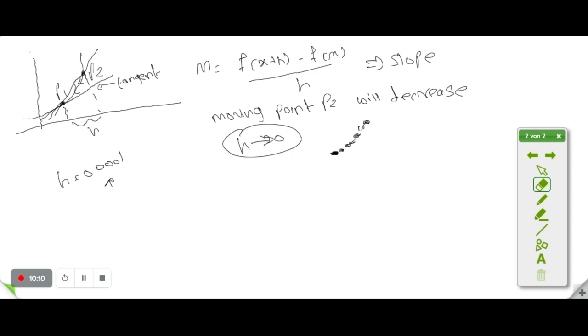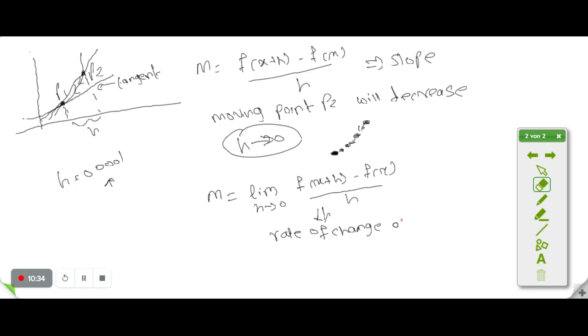And I'll get a new formula: m, or slope, equals the limit as h tends to 0 of (f(x plus h) minus f(x)) upon h. And this will give me a rate of change at a specific point, or rather, an instantaneous rate of change, right?